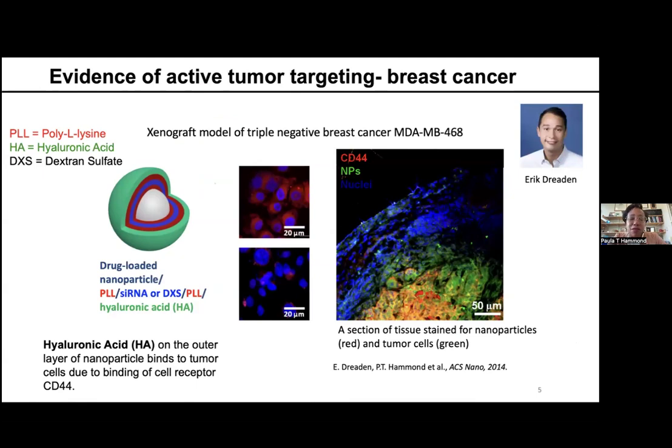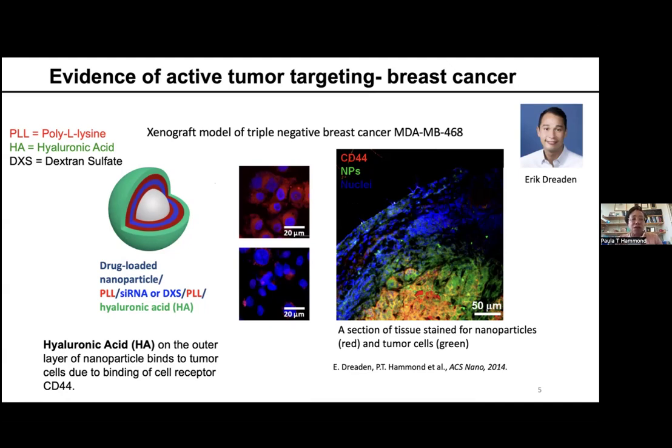So I mentioned that we use this outer layer, and that outer layer ends up being really important for the work that we do. And here you can see some of our earlier work in which we looked at that final layer as hyaluronic acid, which is this high molecular weight polysaccharide that is native in our bodies, in our tissue. It turns out that hyaluronic acid is very highly hydrated, and it is a great stealth layer for that reason.